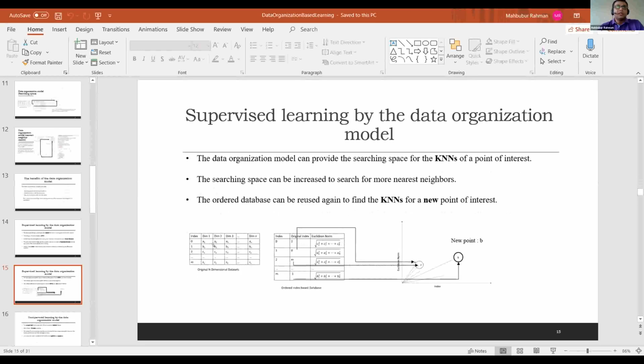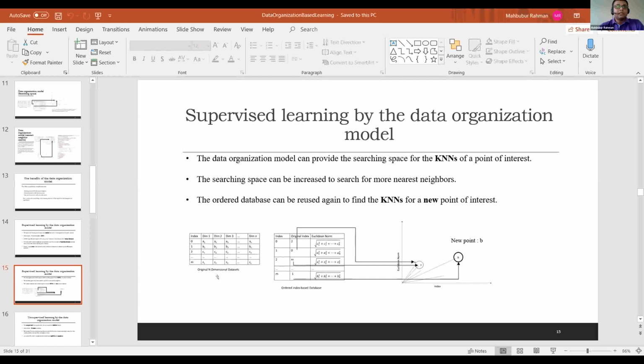So we can see that this data organization model can provide such information for identifying k nearest neighbors for a point of interest.